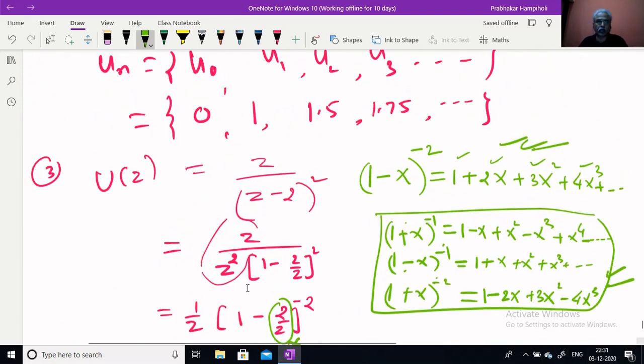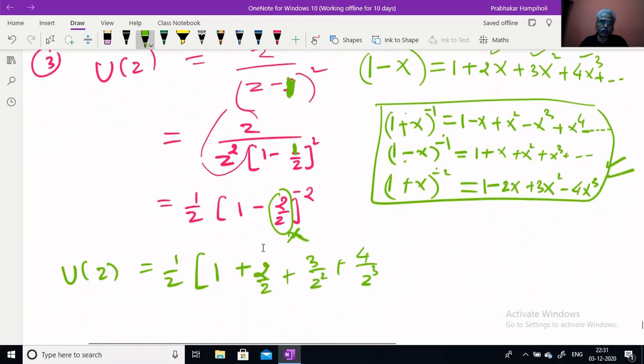Here a small correction I'd like to do: instead of minus 2, let us take minus 1 here, 1, and here 1. So I am writing x equal to 1 by z. So we are going to have 1 plus 2x plus 3x square plus 4x cube and so on.